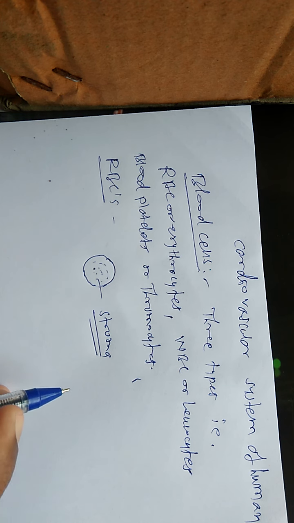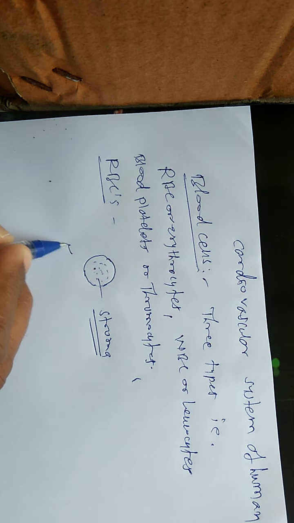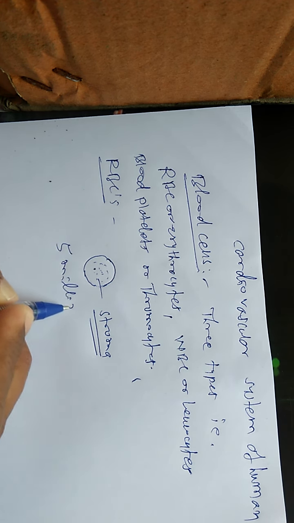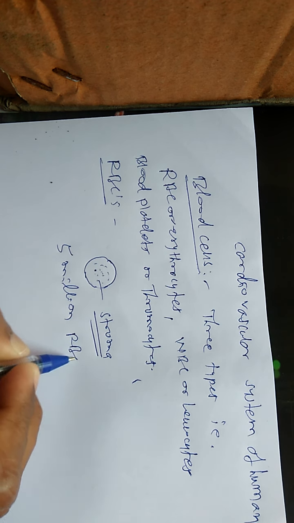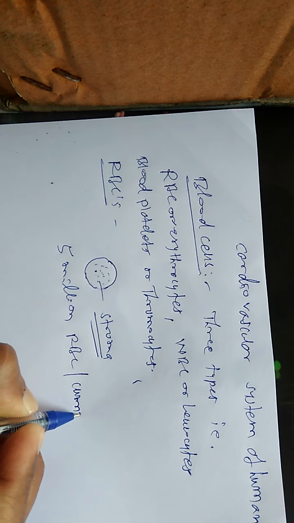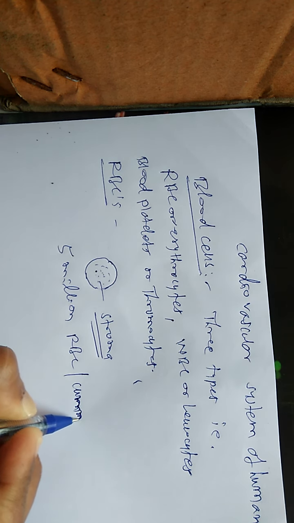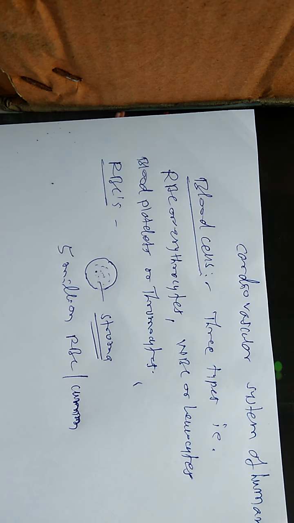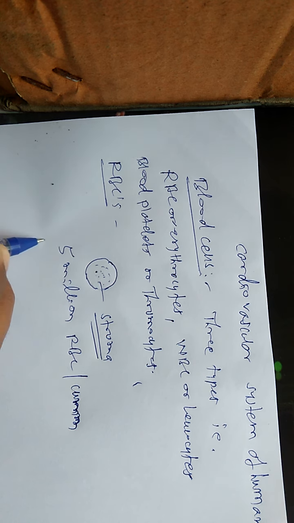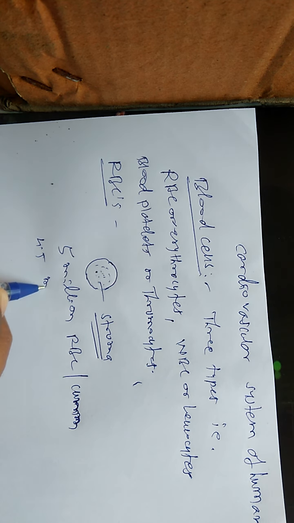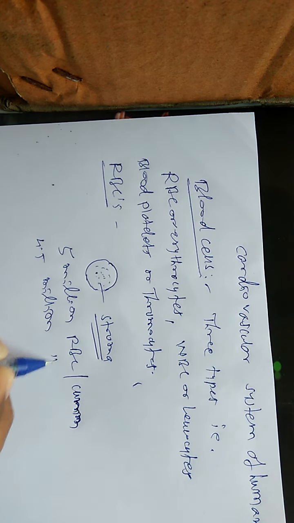In a normal man, 5 million RBCs are present per cubic mm, and a woman has 4.5 million per cubic mm.